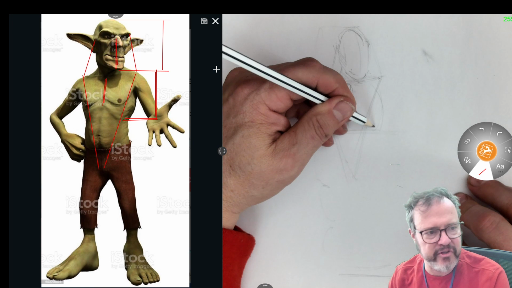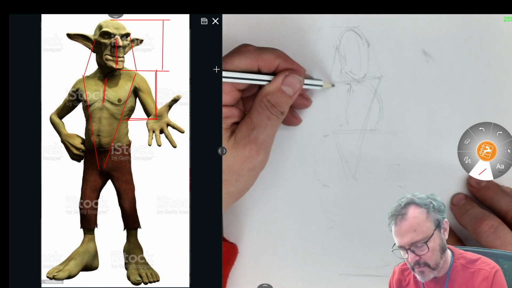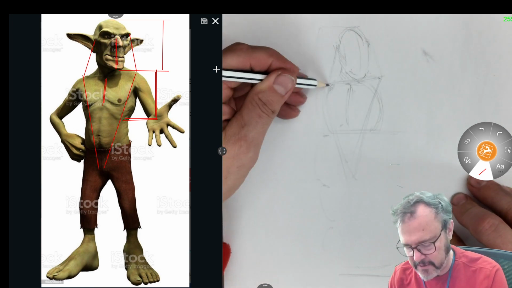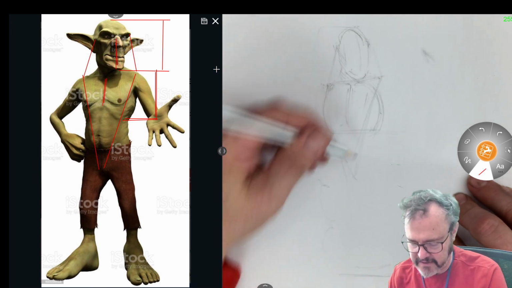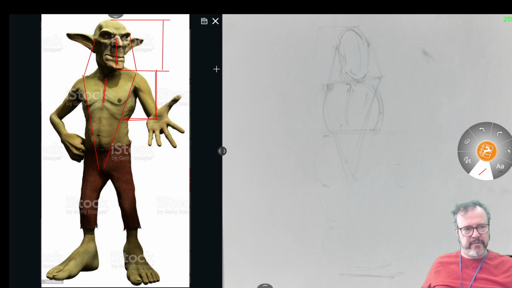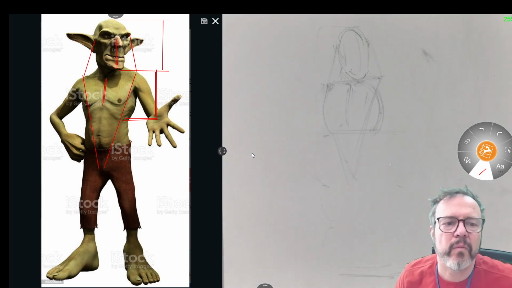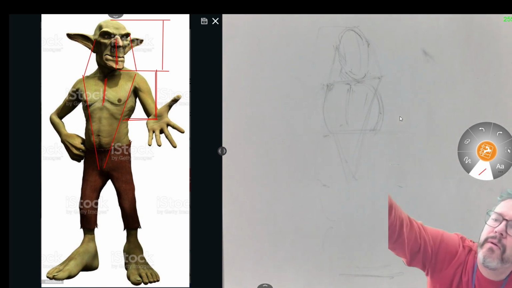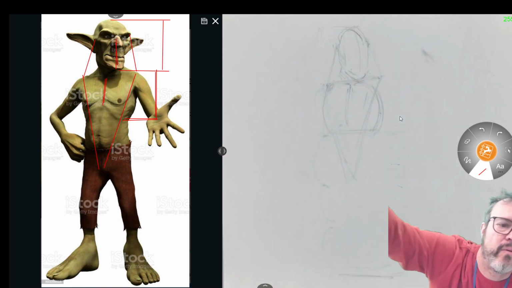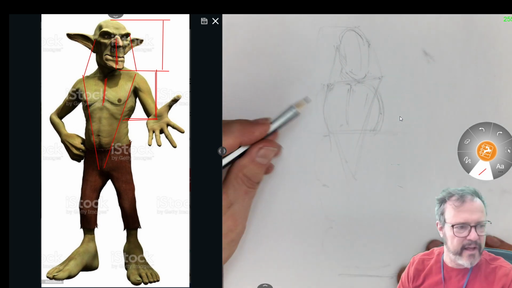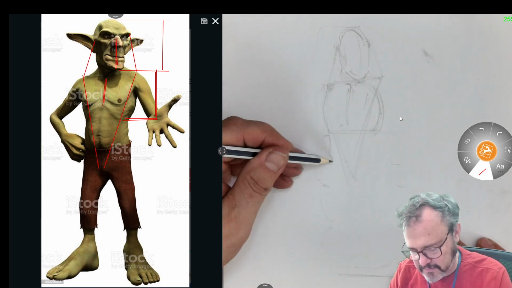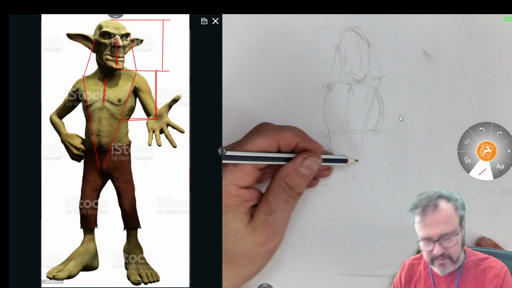It's going to be bulging out on either side, but it bulges out a lot more on this side because this is the side that the turn exposes to us. I'd say this goblin's morphology is exactly what we expect of a goblin.